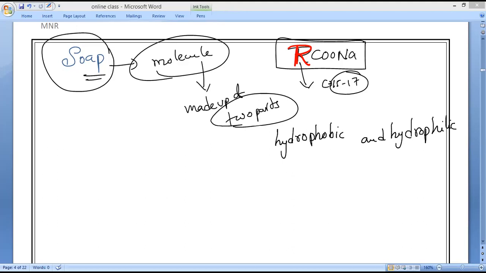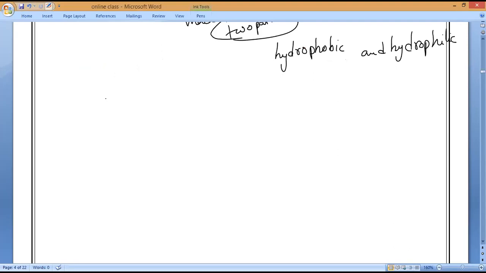If you notice very carefully, any kind of soap molecule will look like this. You can notice one tail-like structure, and at the end we have COONa plus. This is called the soap molecule. Here this indicates the number of carbons.